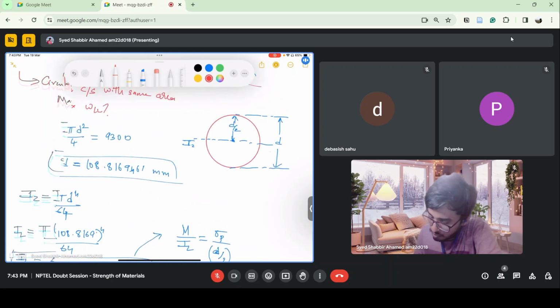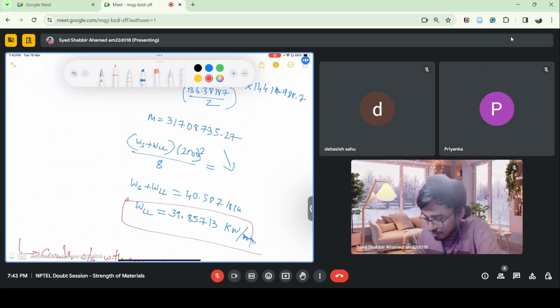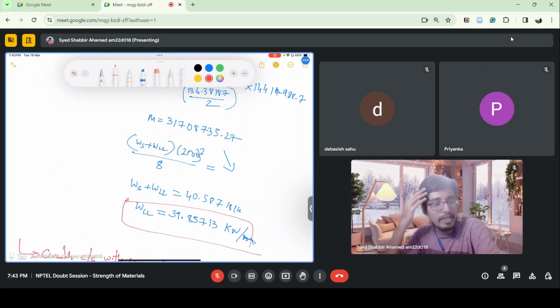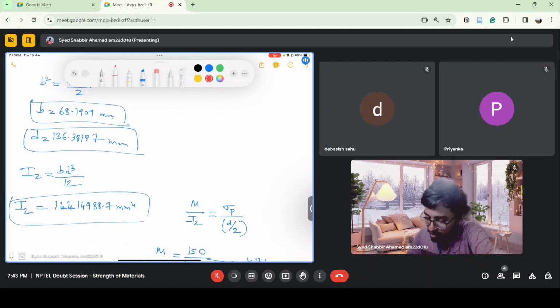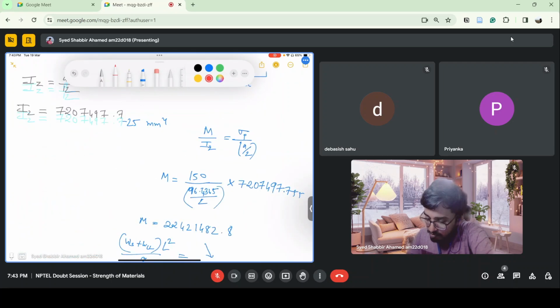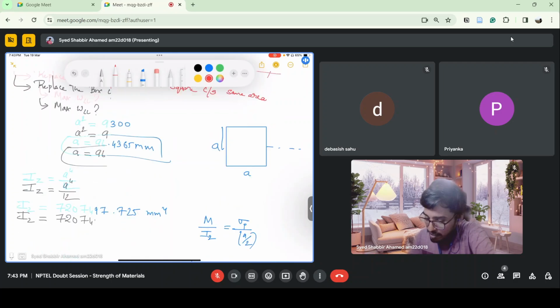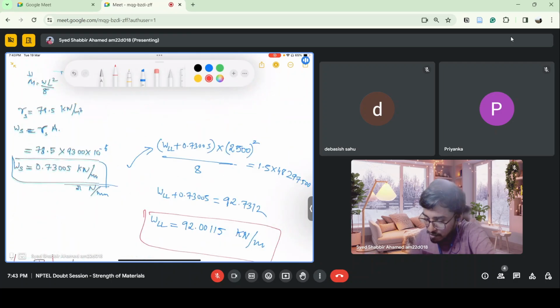So we can see how the maximum live load which can be applied varies from cross section to cross section, because the moment of inertia of a box section is very high. It can take maximum live load.